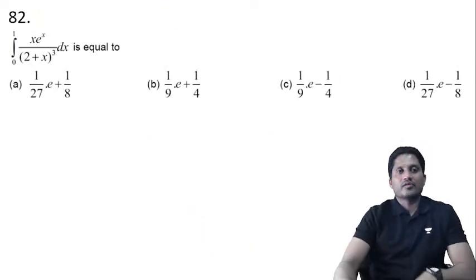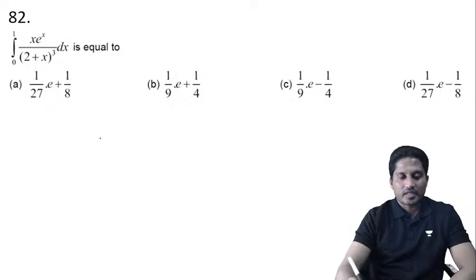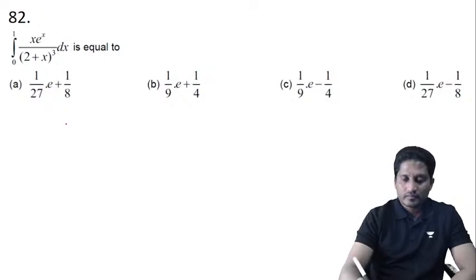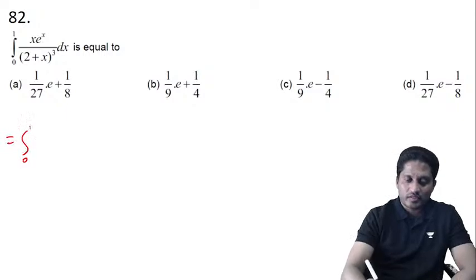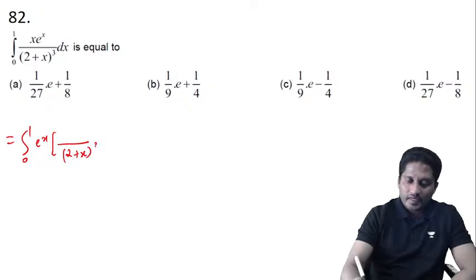Right, question number 82. Again this is 21. I can write this as integration of 0 to 1. Just note this step now. Denominator is 2 plus x the whole cube. I can write x as 2 plus x minus 2. I am writing the numerator in terms of denominator.